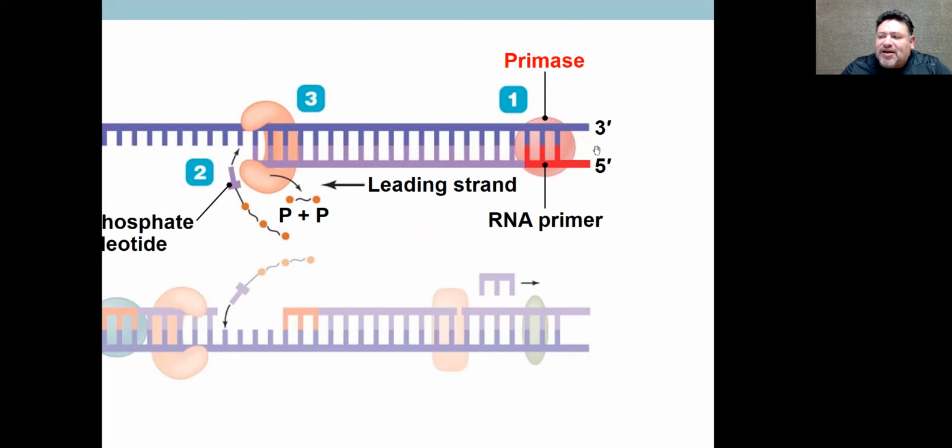That somewhere to attach to is this complementary red RNA primer that has the little 3' here. So once that RNA primer is there, DNA polymerase goes, oh, okay, we can start, and then it starts polymerizing. You see that? So no surprise, in the leading strand, there's only going to be one RNA primer.